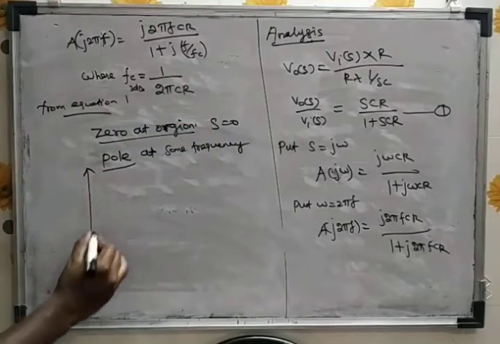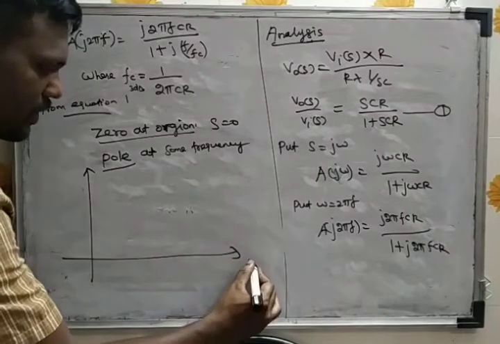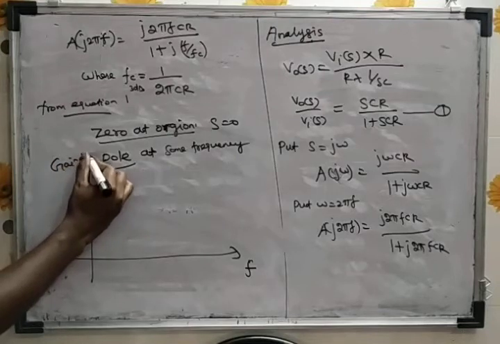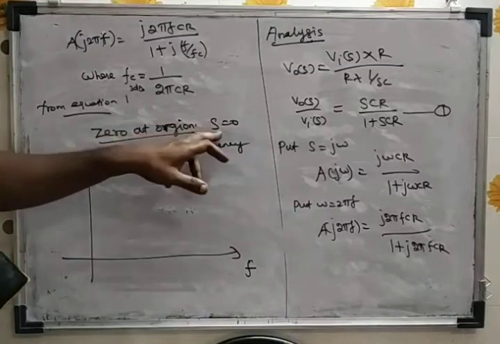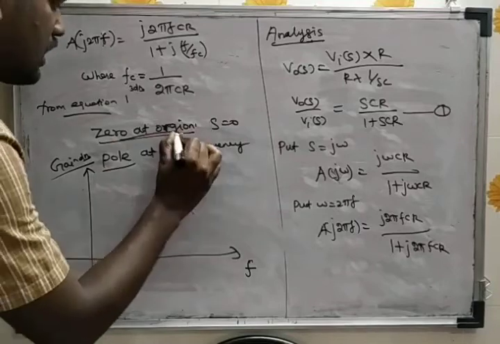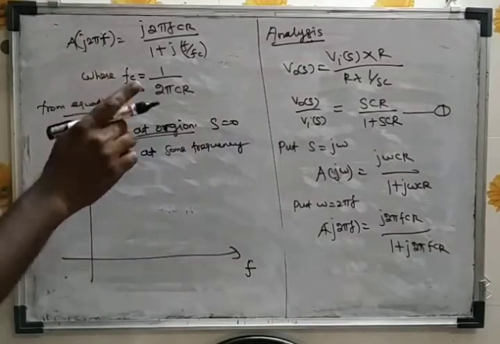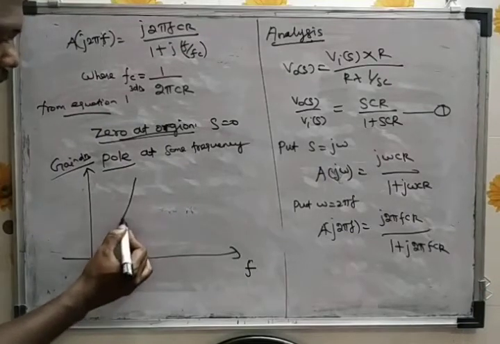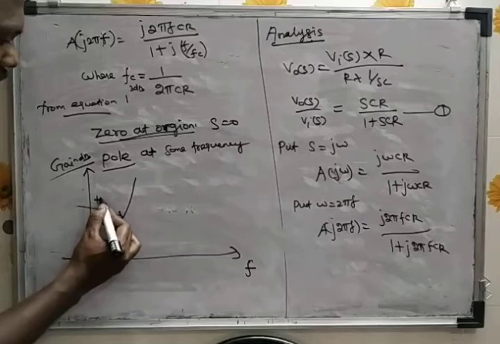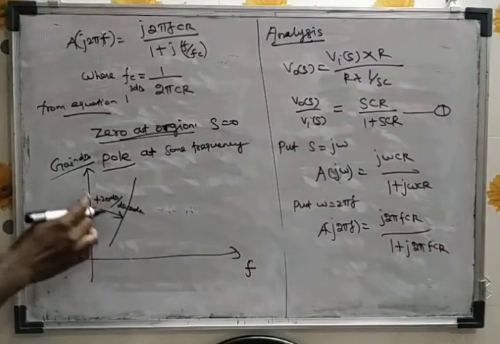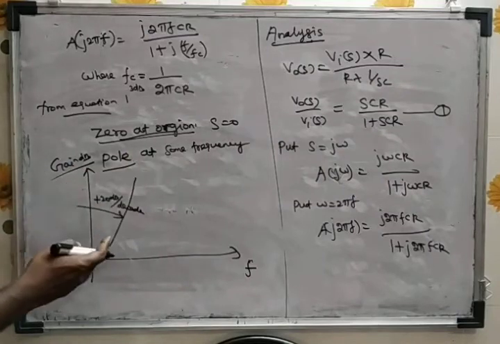So you can draw the frequency response, frequency versus gain in dB. A zero at the origin means initially it has a plus 20 dB per decade slope. The zero contributes plus 20 dB slope.